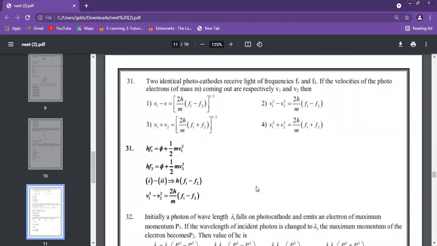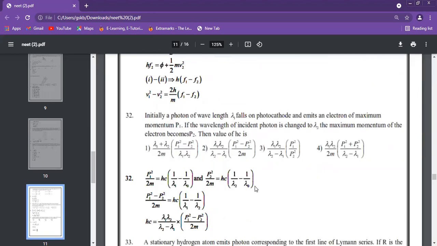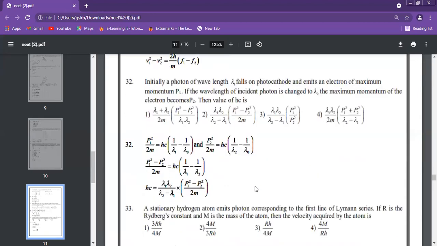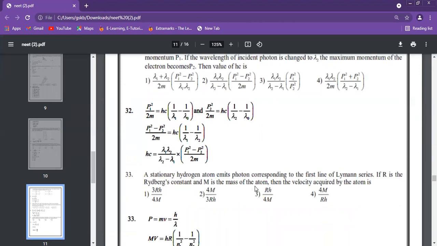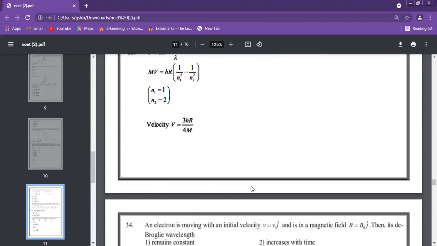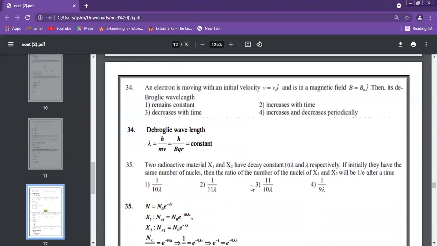This is the photoelectric effect. This is the atoms chapter, de Broglie wavelength, and they ask for velocity. This is the de Broglie wavelength.